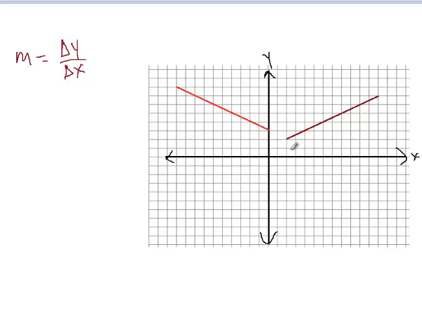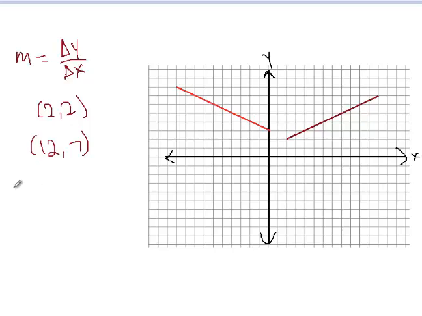Using any 2 points, you'll get the same answer. Let's pick the beginning and the end. The beginning is 2, 2. And the end is 12 and 7.